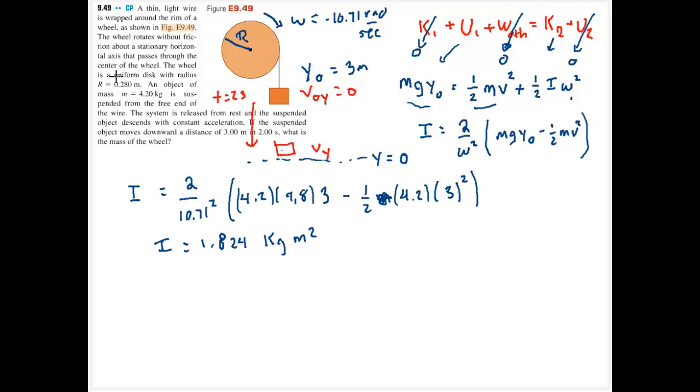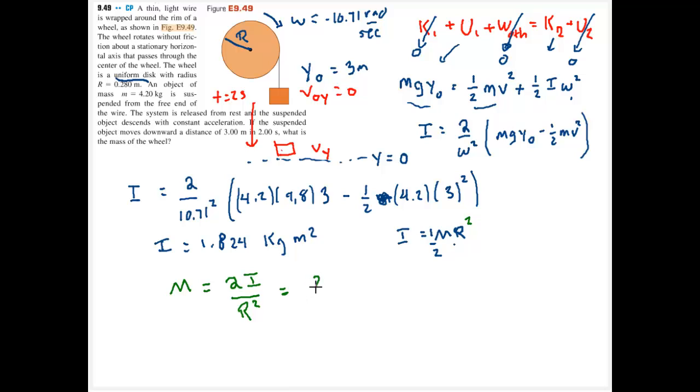I've been told to treat that pulley as a uniform disk, so I can look up what that is in the book. It says that the moment of inertia of a uniform disk is going to be 1/2 times the mass of the disk multiplied by the radius of the disk squared. I'm interested in the mass of the pulley, and I know the radius, so the mass of the pulley is going to be 2 multiplied by the moment of inertia, divided by the radius squared.